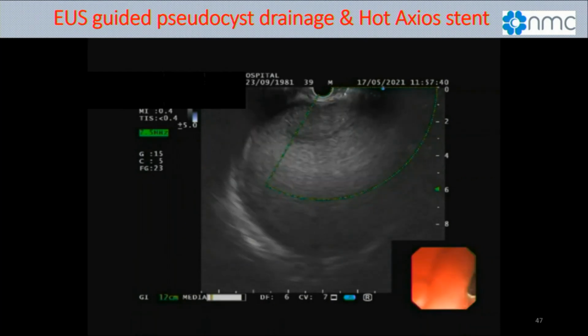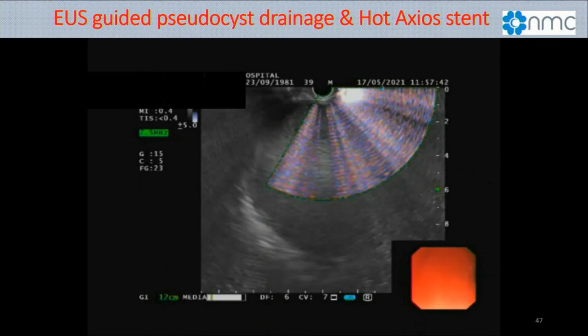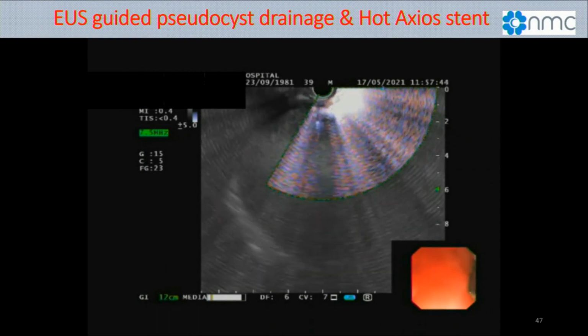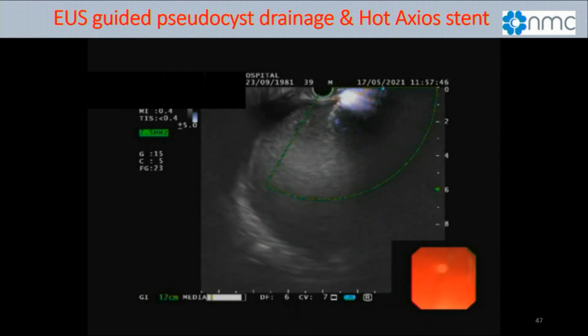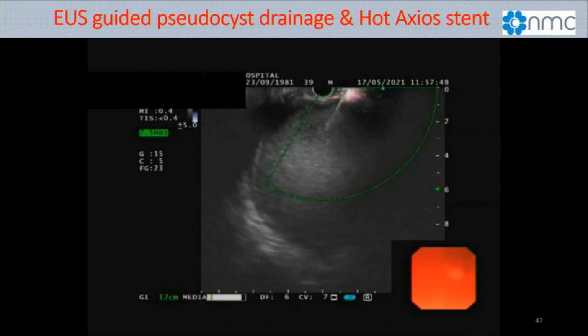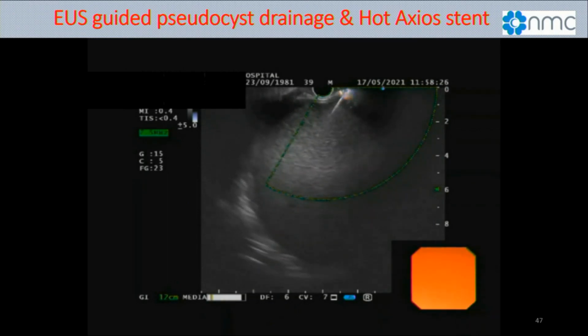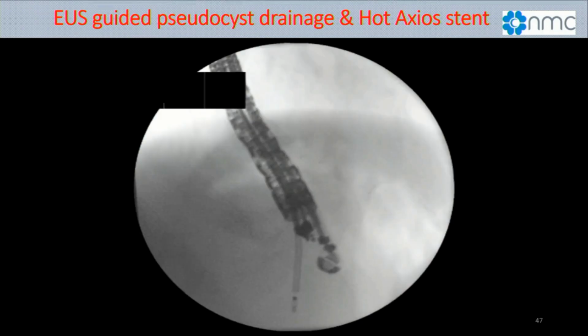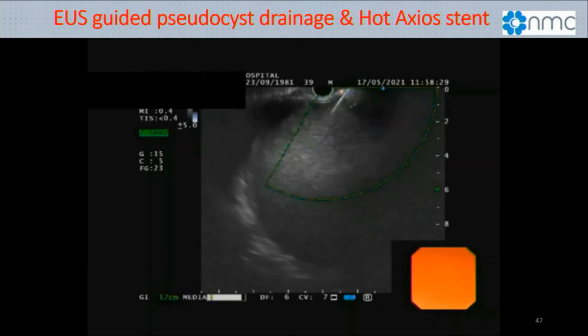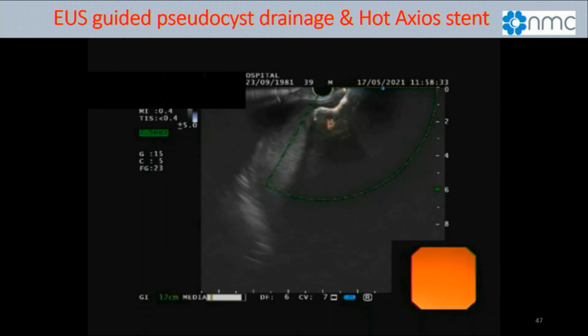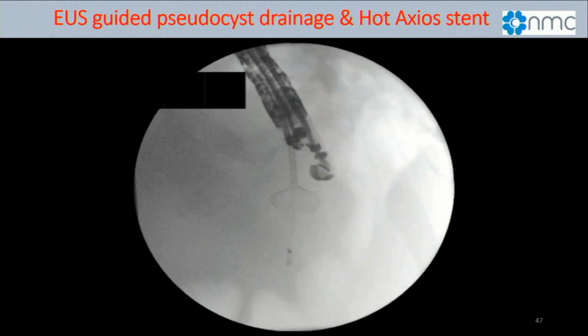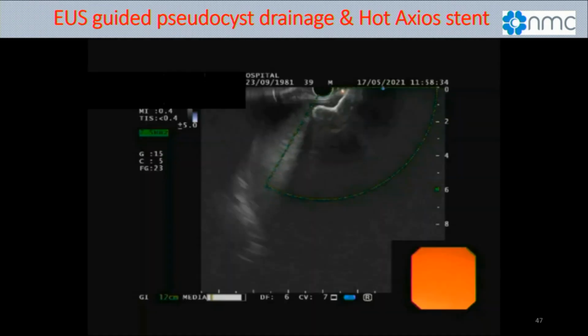So you have to check that the thickness of the stomach wall through which you are going is small enough. Then you put a Doppler to see there are no blood vessels intervening. Then you put a special catheter across it, which can burn through the wall of the stomach. You can use fluoroscopy, the X-ray, to confirm the position. Then this is a one-stage procedure in which you can open like an umbrella inside the cyst.